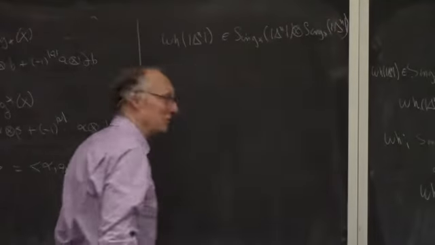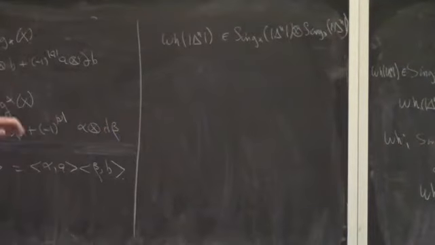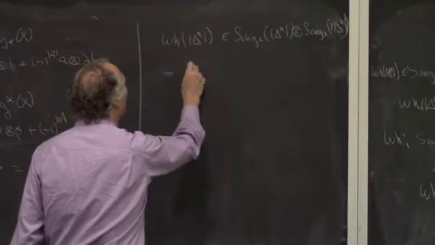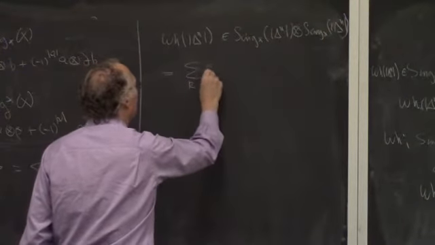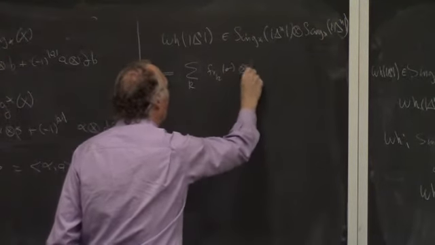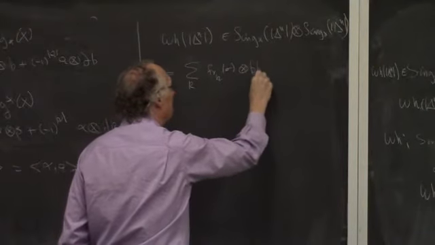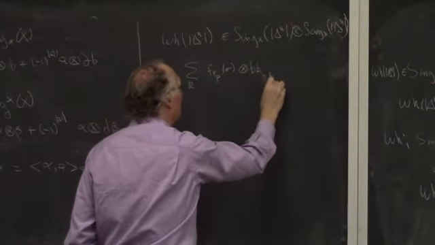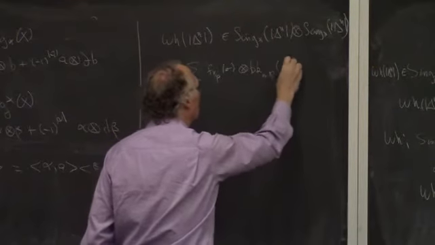Actually, it's in the simplicial chains, but it's okay. And it is a summation over p, front p face of sigma tensor back n minus p face of sigma.